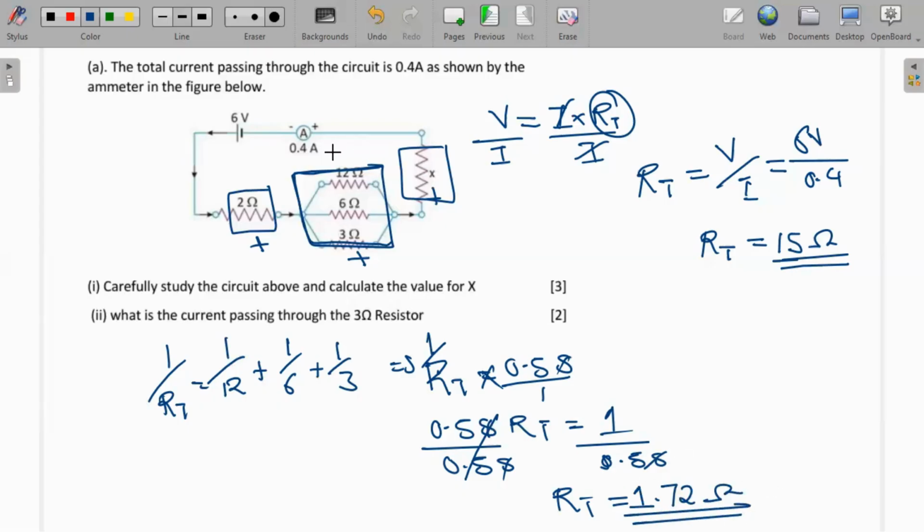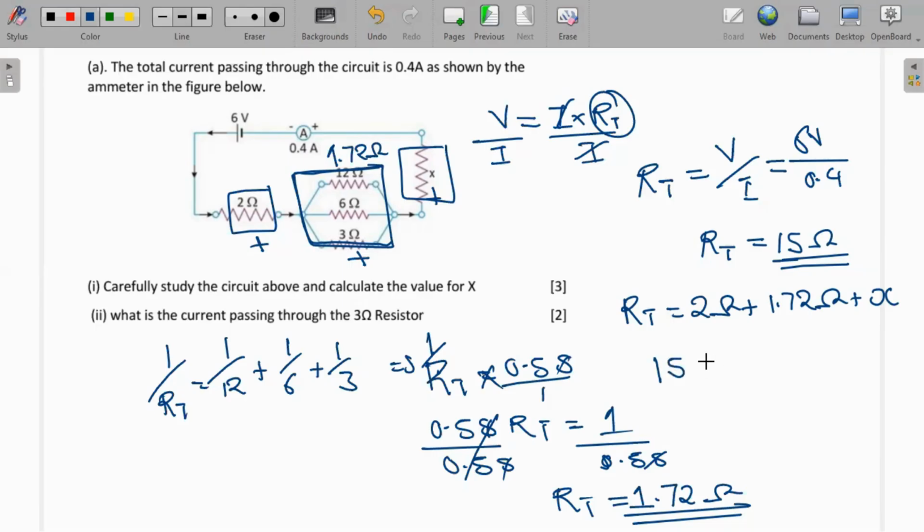Okay, so if this is the total resistance here, 1.72 ohms, that means we can now find the value of X, because these three are now in a series connection with each other. We have the 2 ohm resistor, which is in series with the 1.72 ohm resistor, which is in series with X. So I'll say our total resistance will be equal to 2 ohms plus 1.72 ohms plus X. The total resistance we've already calculated to be 15.